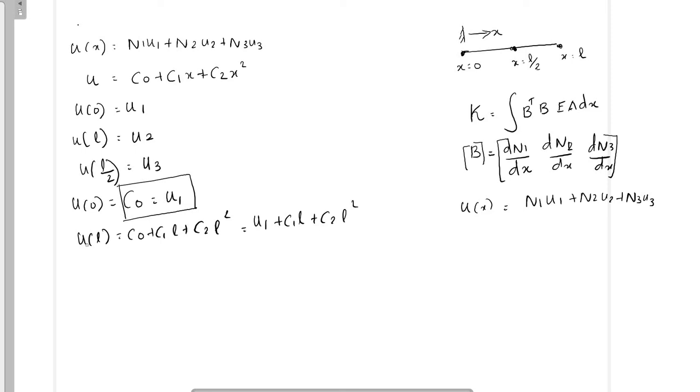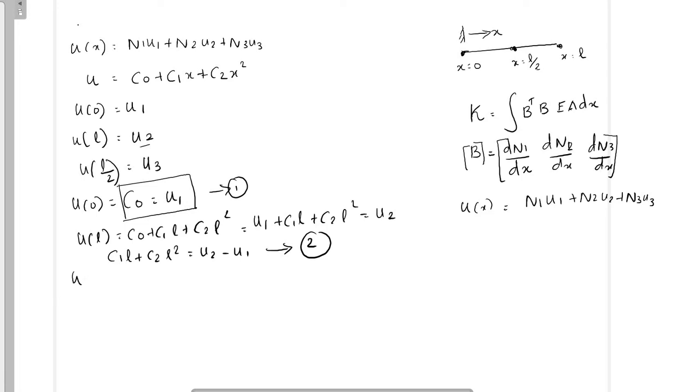The u of L is u2, so we can equate it to u2. So I am going to simplify this equation as C1L plus C2L square equal to u2 minus u1. I am keeping this equation number, here it is 1, here it is 2.